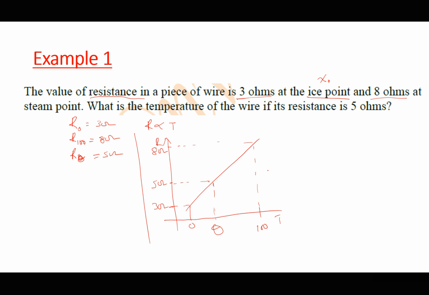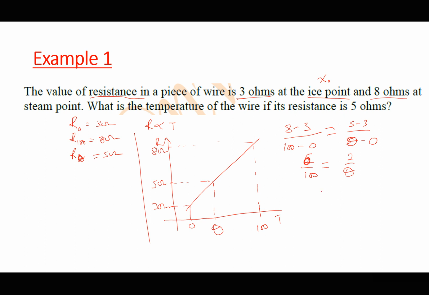Because this is a straight line, I may assume that the gradient is constant, so I will find the gradient. Using two points, I'll have 8 minus 3 divided by 100 minus 0, that is the gradient. I can use another set of points: 5 minus 3 divided by theta minus 0. 8 minus 3 is 5, divided by 100, is going to be equal to 5 minus 3, which is 2, divided by theta.